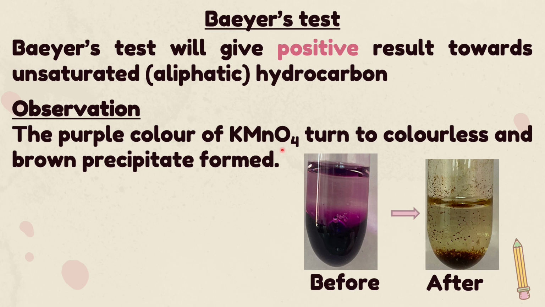MnO4 minus is purple. It undergoes reduction to become Mn2 plus, and Mn2 plus is colorless. The brown precipitate, if you recall the reaction we did earlier, comes from MnO2, because reduction of KMnO4 will produce MnO2. MnO2 is brown in color.